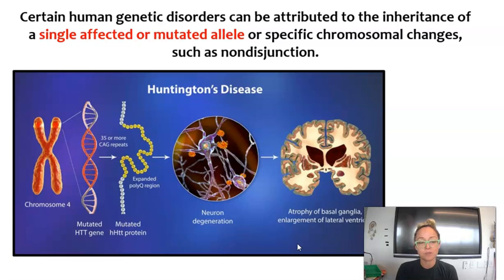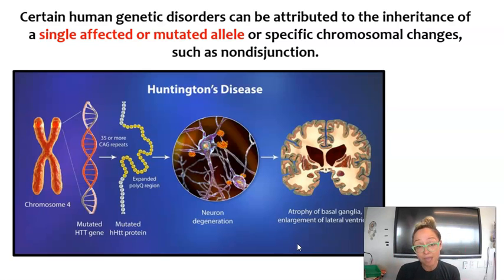A person with 35 or more of the CAG repeat, so it's like you copied and pasted a section multiple times, has a gene that is very long, and then the protein is very long. It causes the neurons in the person with Huntington's to degenerate over time, to break down and no longer work, and so it has debilitating consequences.